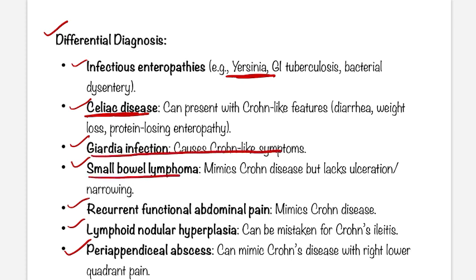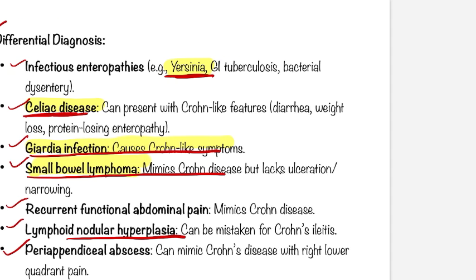Small bowel lymphoma mimics Crohn's disease, and sometimes lymphoid nodular hyperplasia. What is important in this slide: Yersinia, celiac disease, Giardia infection, and small bowel lymphoma mimic the Crohn's disease spectrum.